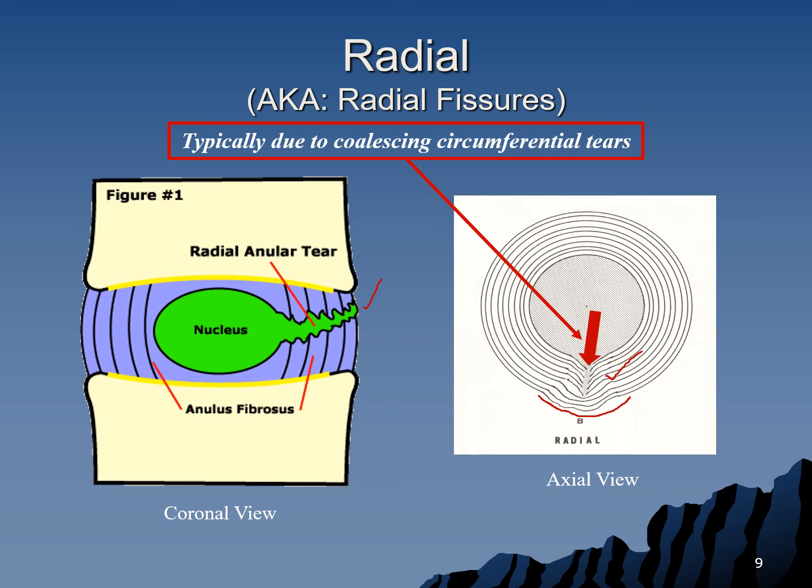As far as the tear goes, and we'll go into this in further detail, but it's only the outer 1/3 of the disc that is actually innervated. So this area here may actually be causing pain as well, but the closer we go toward the nucleus, there are no pain receptors there, and the patient would not even know there was a tear if it was just within the inner 1/3 or 2/3 of the annulus.